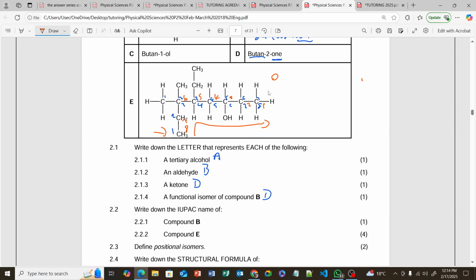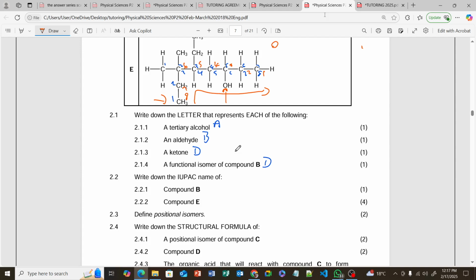So it is an alkane because of all single bonds. Oh, forgive me, there's an OH here. Because of that OH, the numbering will be affected.